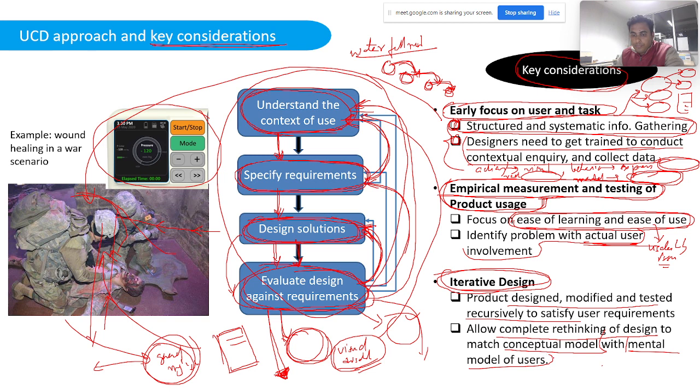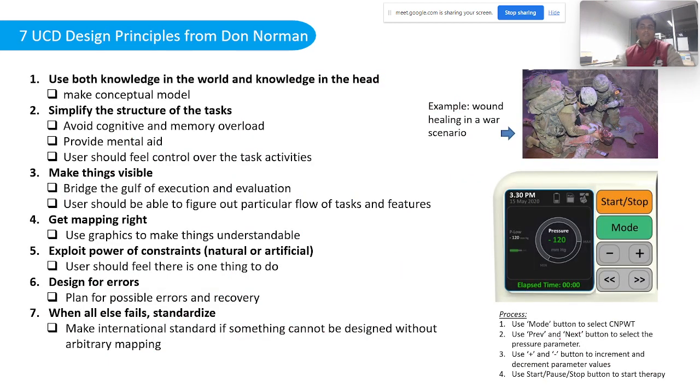Okay, so historically Don Norman stated seven UCD principles which still hold true today, and these can be your set of guidelines in the design process.